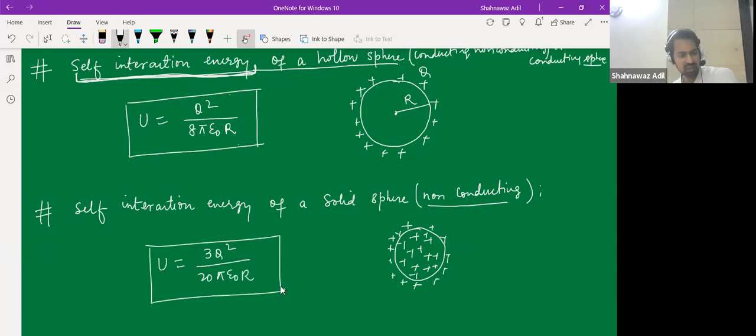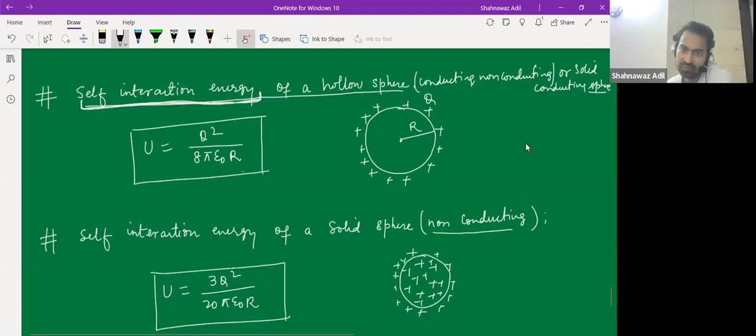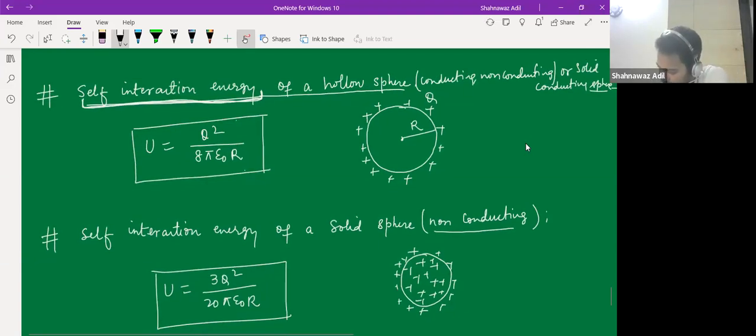Just remember these formulas. No need to think about the derivation. Please note it down, and then we will do one question based on that. Whenever you have noted it down, please tell.